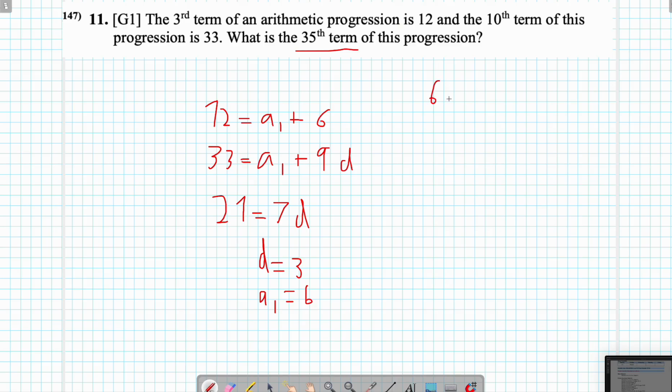So 6 plus N minus 1, they said the 35th, so 34 times 3. We plug this into the calculator as always. 6 plus 34 times 3 is equal to 108.